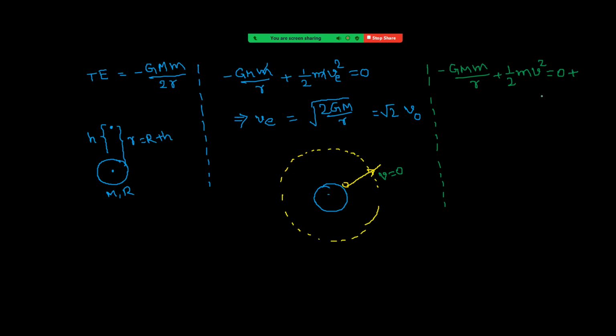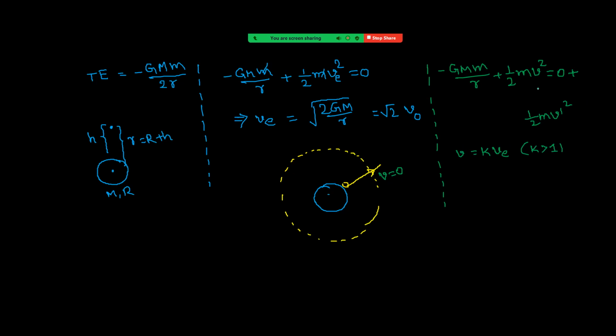Plus it has some kinetic energy, take it as half mv dash square. Okay, half mv dash square, right? So potential energy plus the kinetic energy which we have given, that is now greater than escape velocity, right? Now I am taking this v is equal to some k times escape velocity, where k value is greater than 1.